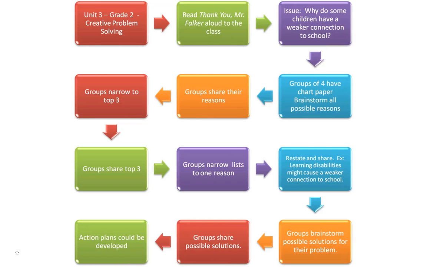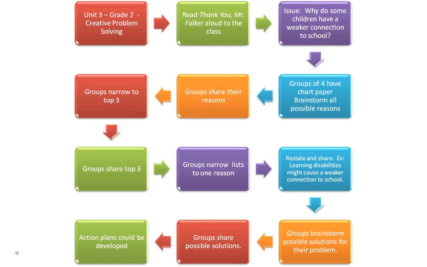For example, learning disabilities might cause a weaker connection to school. The groups brainstormed possible solutions for their problems, they shared, and then they developed action plans related to what they could do when someone would have a weaker connection to school, what might be some of the remedies.